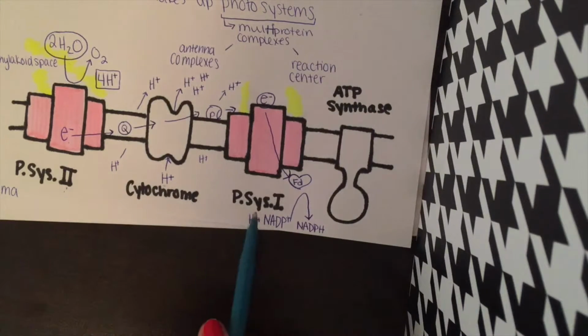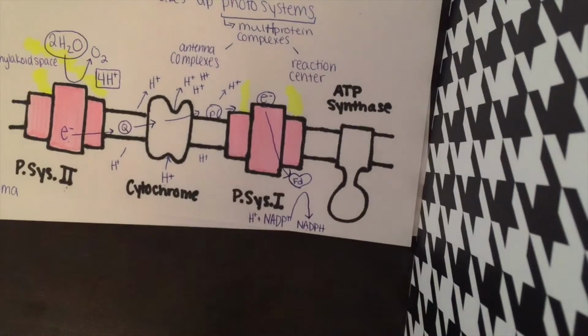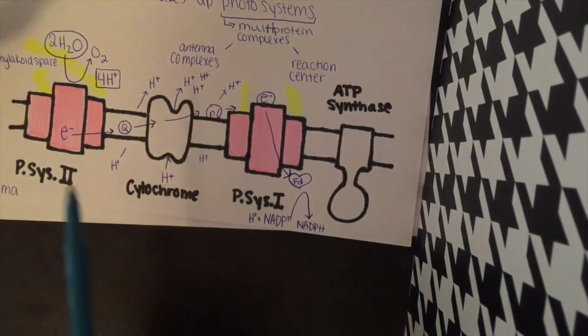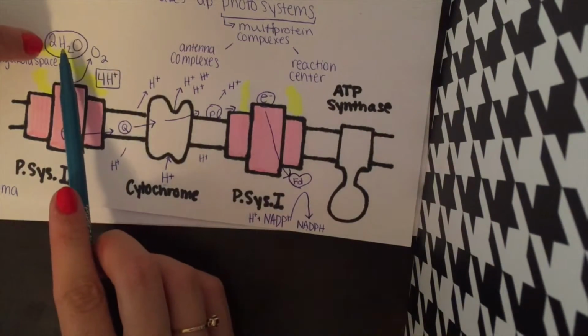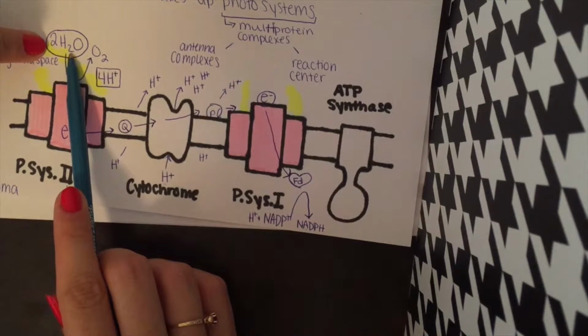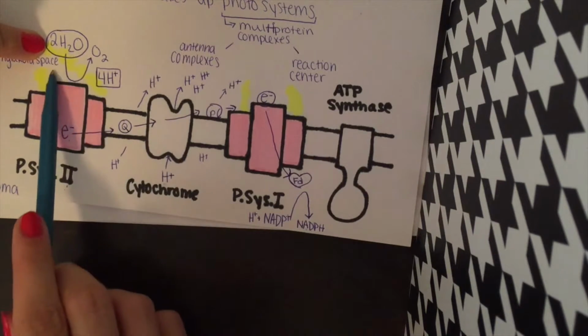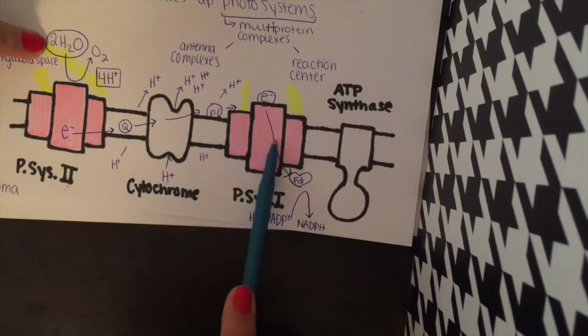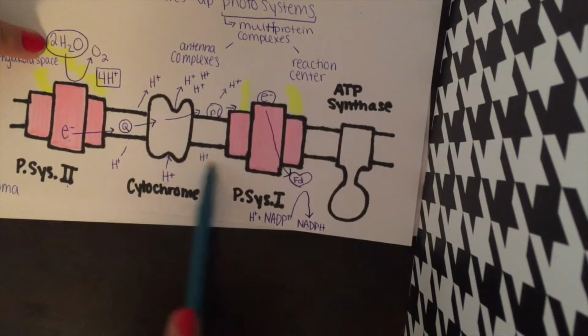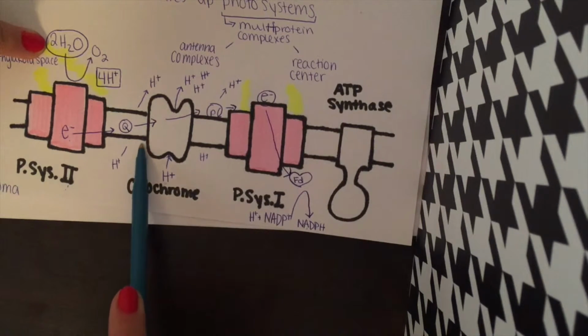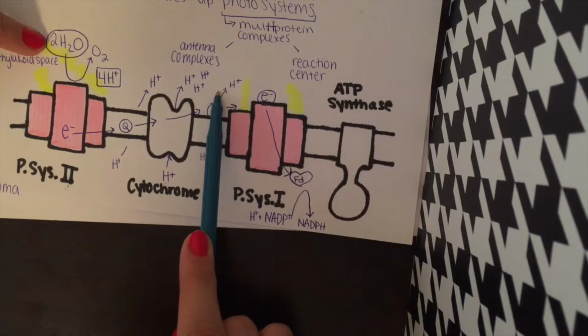So that means that NADPH is the final electron acceptor. If we look at it in the overview, big context, we had an electron that was dropped off by H2O, it goes through the electron transport chain. We get a bunch of hydrogens from the stroma that are pumped into the thylakoid space.